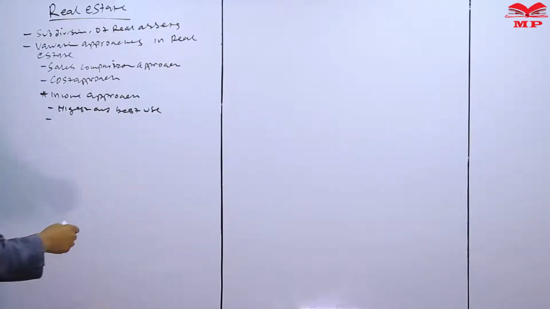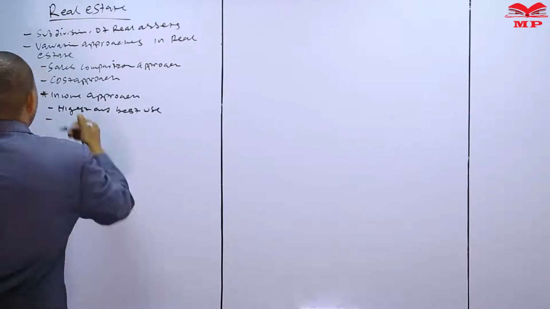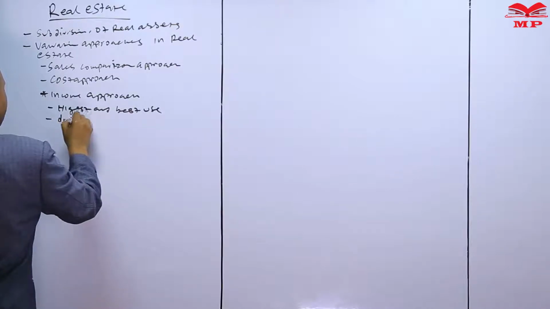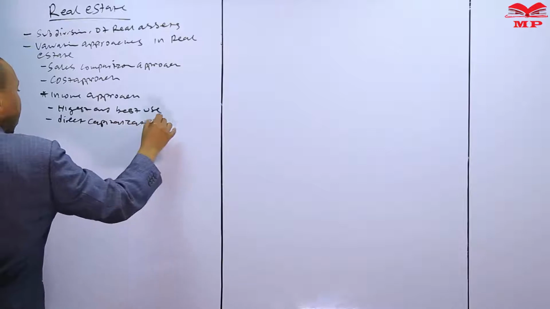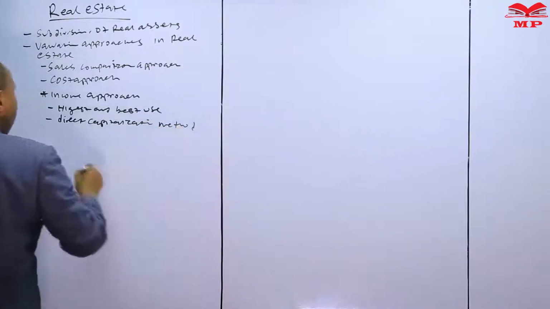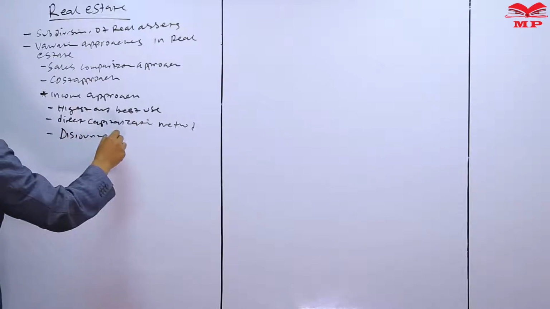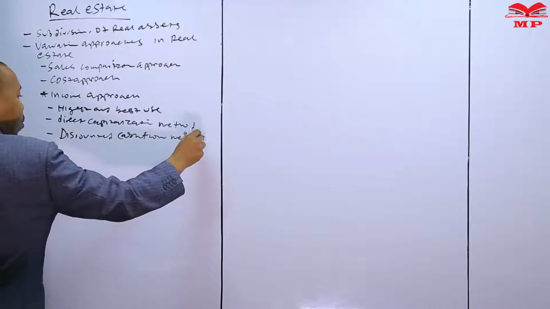Then we will look at the specific approaches in the income approach, which include the direct capitalization method and the discounted cash flow method.